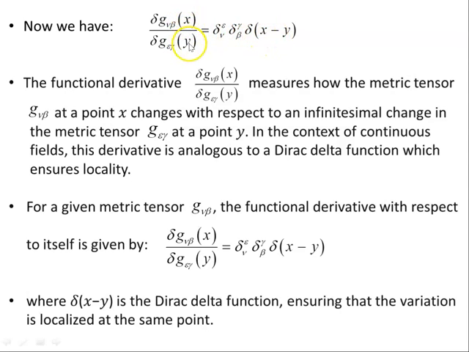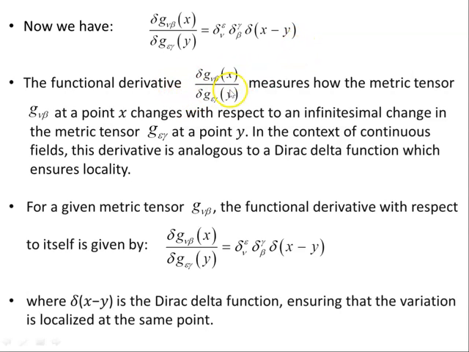X and Y must be the same point. We're not comparing changes at different points. Just like with the derivative of an ordinary function, you are finding the rate of change at a point. You're not finding some rate of change at two different points. That's not how the derivative works. That just doesn't make sense. To indicate that we're talking about one point, the Dirac delta function comes in here. Okay, when x equals y, this is 1. When x doesn't equal y, it's 0.